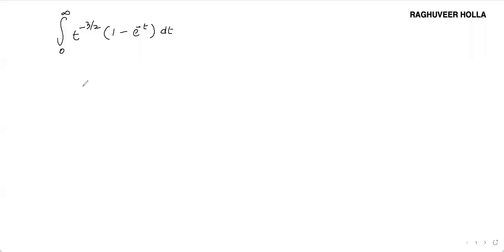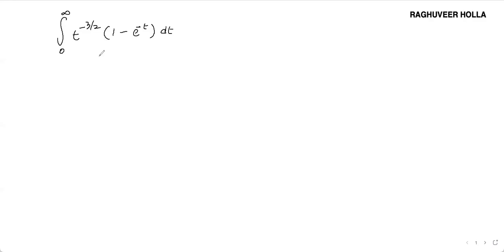Now, let us solve this problem. So this is the integral from 0 to infinity of t to the power of minus 3 by 2 times (1 plus e to the power of minus t) dt. Now, integration by parts.